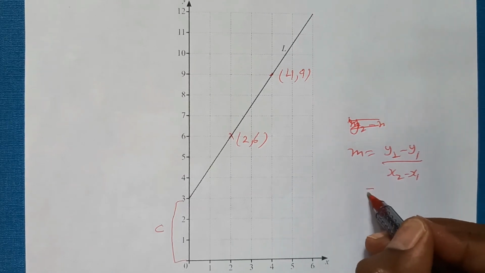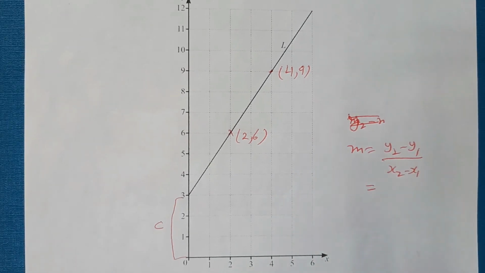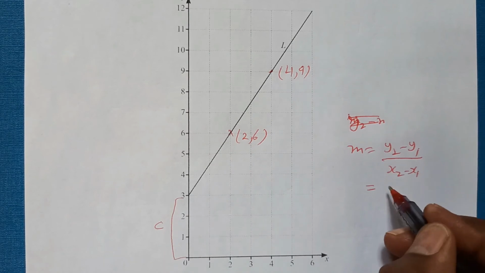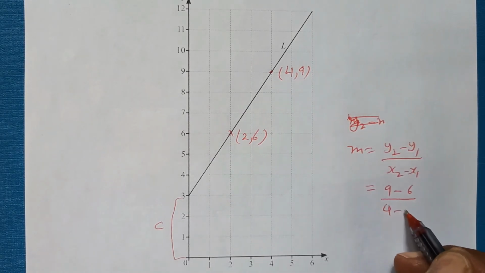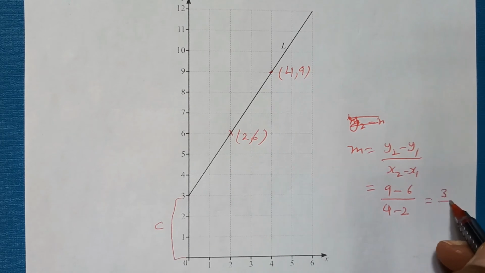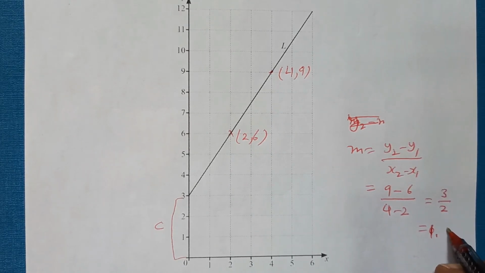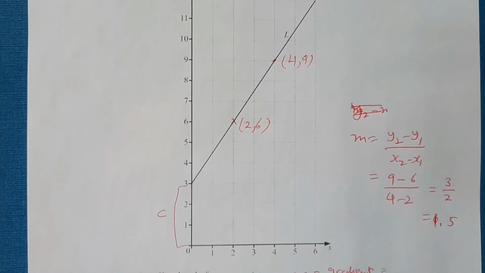That is change in y and change in x. y2 is 9 minus 6 over 4 minus 2. This is 3 over 2, that is 1.5. So the gradient we got is 1.5.